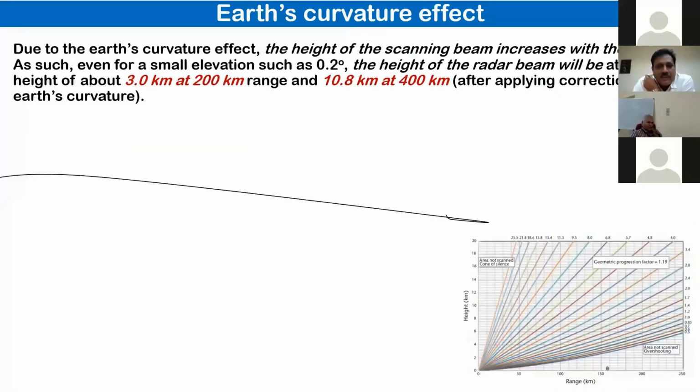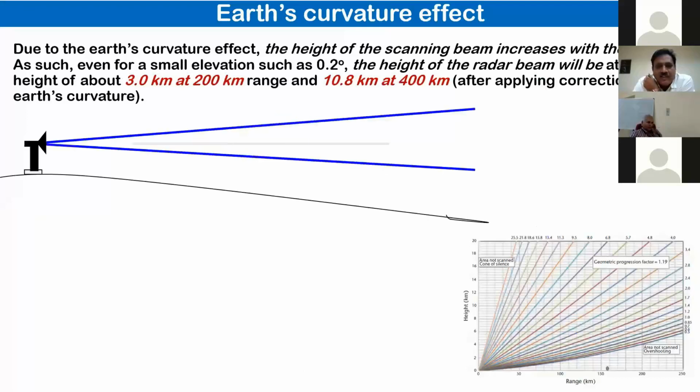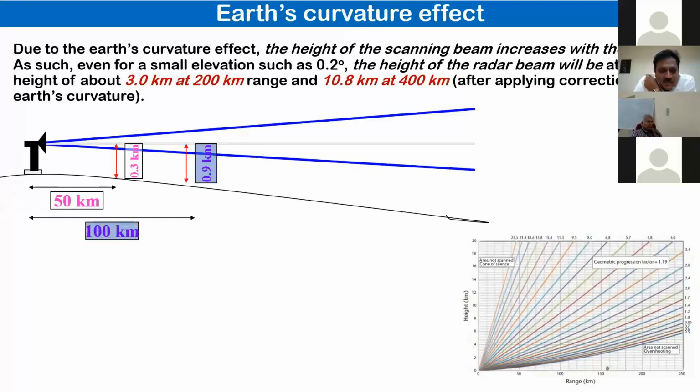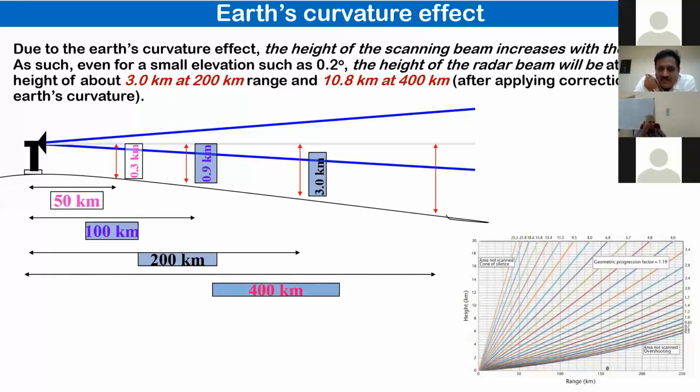Another thing we have to remember is that Earth is not flat. Earth is curved. We have to consider the Earth's curvature when we are talking about radars. Even if you point parallel with 0 degree elevation, because of the Earth's curvature, at different distances the height of your beam will be different.